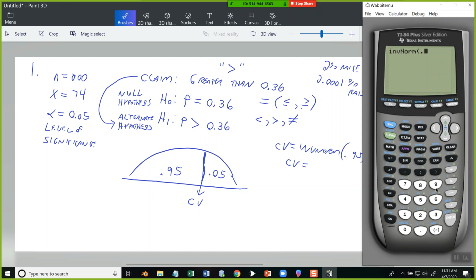And I'll pass in 0.95. And that gives us, to 2 decimal places, 1.64.